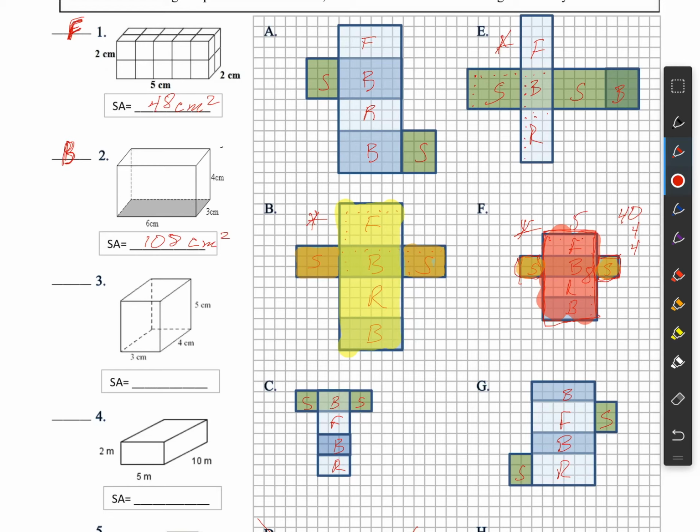Now take a look at this one. When I find the area, I'm actually going to find the area of this rectangular region first. Okay? And then to that, I'm going to add the other ones. Now, could we have done it the other way? Let me just show you. If we would have found this area and then added the other 2 areas, we could have done that, but to me, it just seems like it might be a little easier to find the orange shaded region first and then the yellows and then combine those.